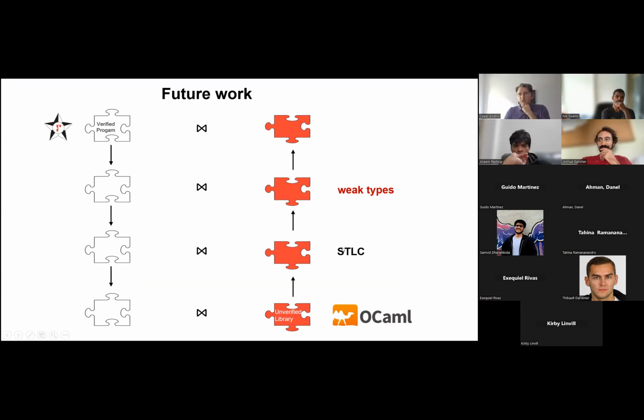We only managed to define this here, okay? And our hope is that somehow we will manage to maybe port some of what was done in CertiCoq and finalize this part too. But for now, we need a strong argument that our weak types are actually weak and don't have specification. That makes sense. Thank you.